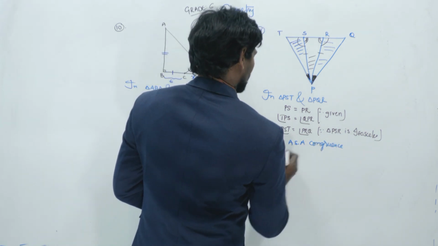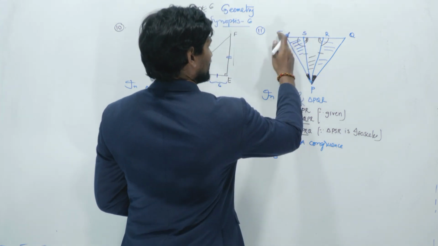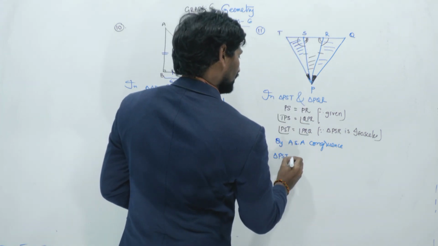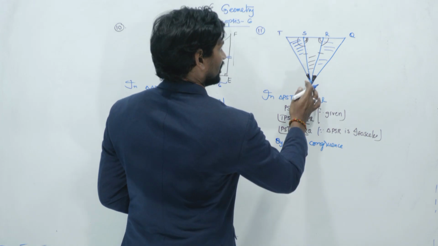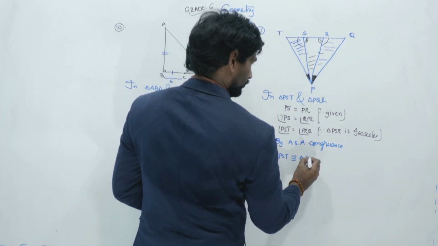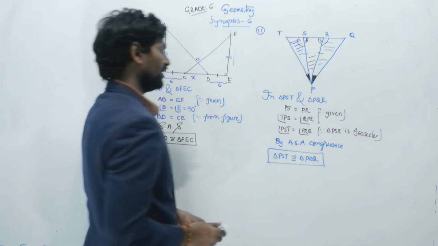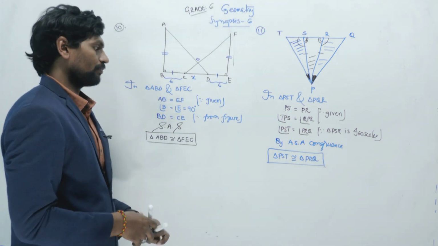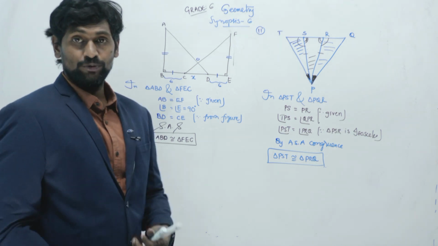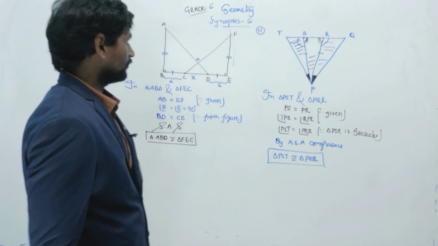Triangle PST is congruent to triangle PRQ. This is the correct congruence rule. So let us move on to the next problem.